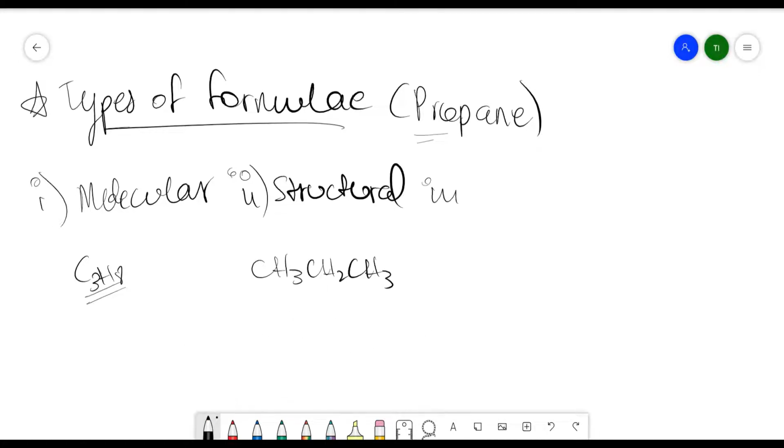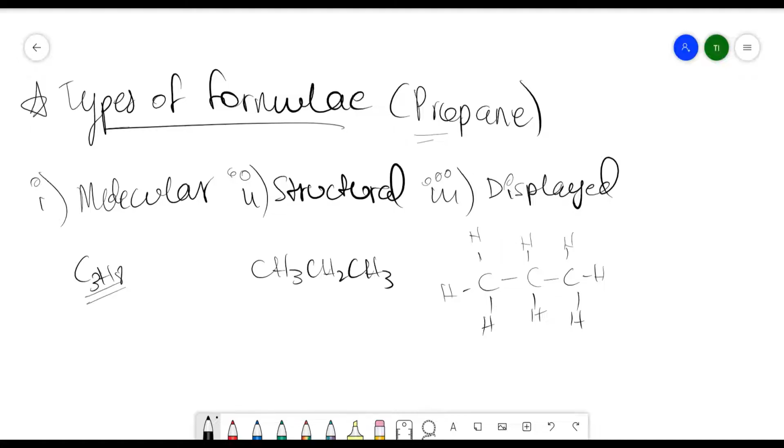Third thing is displayed, and this is something that you're very familiar with as well. So instead of this, you have lines in displayed. So there's the carbon backbone, right, and all the edges. This takes a bit long to draw, but I believe it is the most preferred method amongst most candidates.